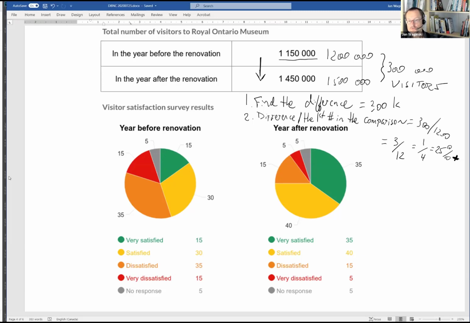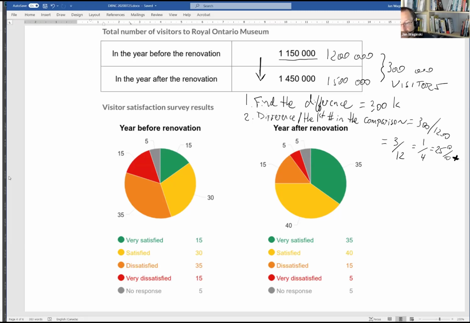So even if the numbers go down, it's still the earlier year, because you're comparing the earlier year to the later year. So you need to compare that difference to the first number, the earlier year. And so you take the difference over the first number, you get 300 over 1200, which is a quarter, which is 25%.